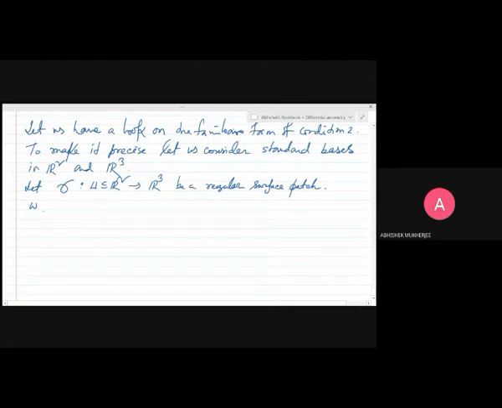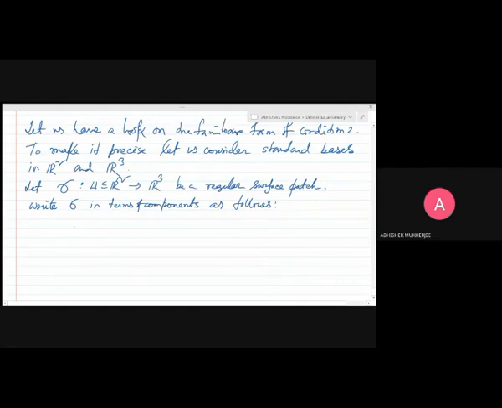Now write sigma in terms of components as follows.